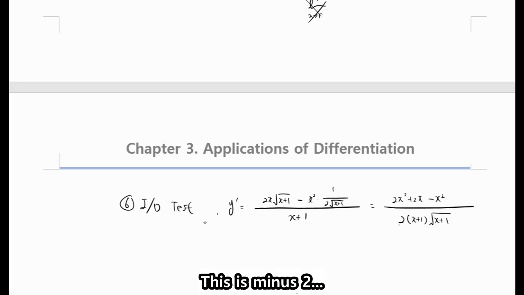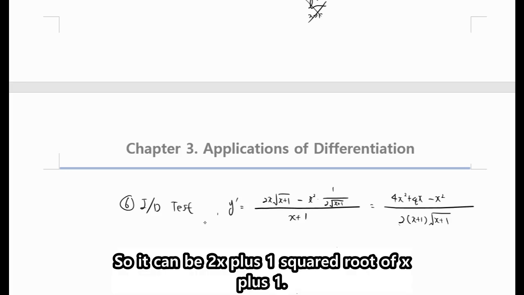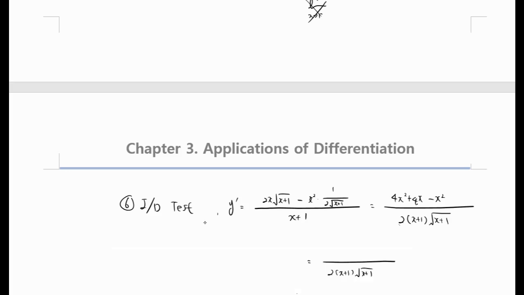So in this case, it can be 2x squared plus 2x minus x squared, meaning x squared plus 2x... no, this is 2x, this is 4x. So it can be (3x squared plus 4x) over 2(x plus 1) square root of x plus 1.